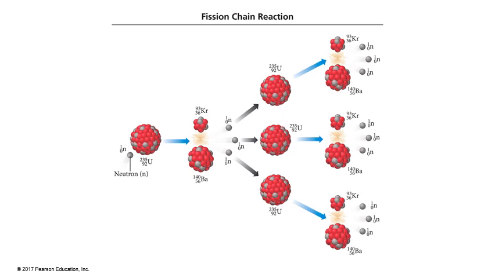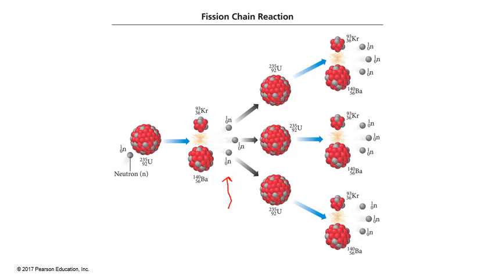So fission is a chain reaction. We take a neutron and bombard a sample of uranium-235, and as that decays, it produces energy, and it also produces 3 new neutrons.